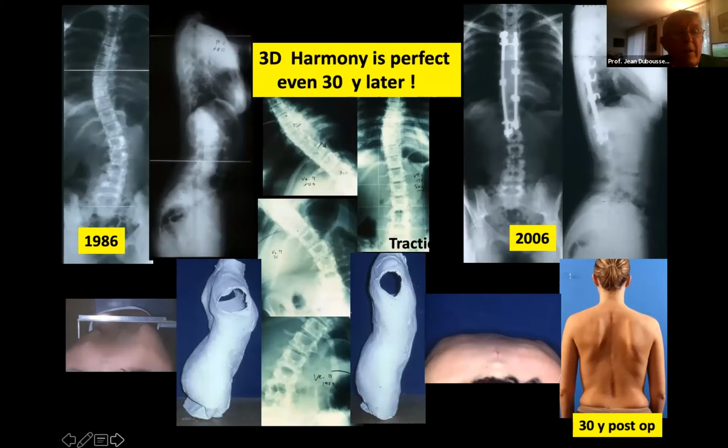You have to see this patient that I treated in 1986, you see the shape of his thorax, and I decided to fuse only the upper part because I saw that the lumbar spine was completely detorted when I was doing traction and mainly bendings.